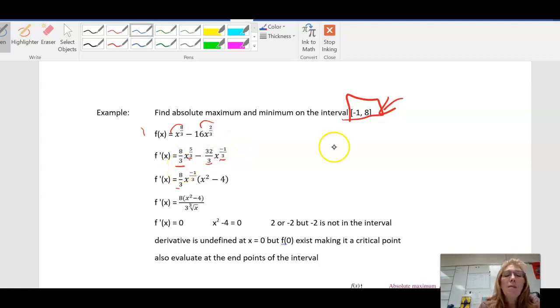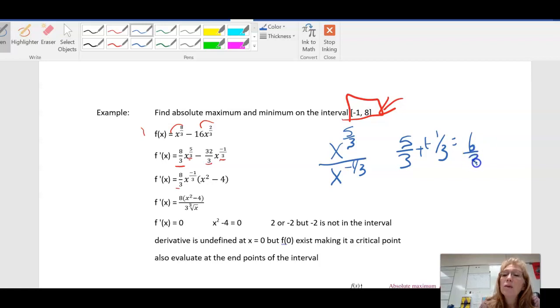So now when you're thinking about this, it is x^(5/3), and I'm dividing by x^(-1/3). Remember, when you divide, you subtract exponents. So that's 5/3 minus -1/3, which gives us 6/3, which equals 2. And that's how we got the x squared here.